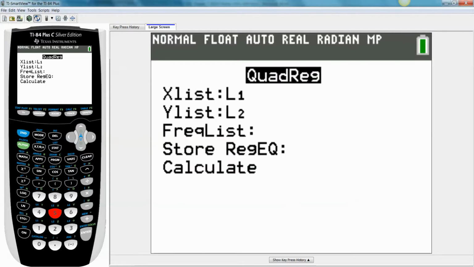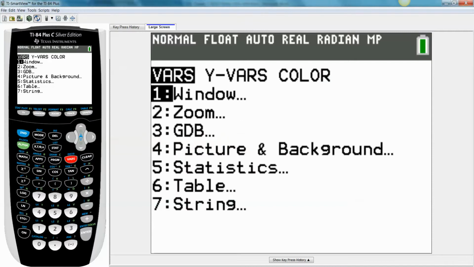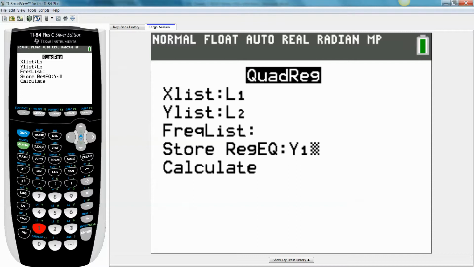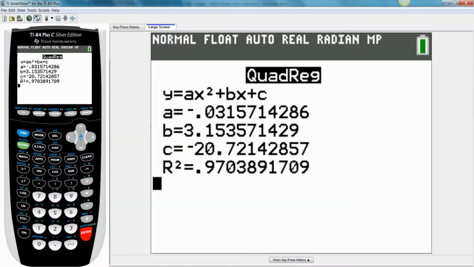You want to tell it that your X list is L1, your Y list is L2. If you'd like it to store a regression equation for yourself, then you can. Not necessary, but just a reminder, you'd press variables, move to the right to Y variables, pick number 1 function, pick number 1, if you so desire. That's optional. Always leave frequency list blank for our course, and then go down to Calculate and press Enter, and there it is.